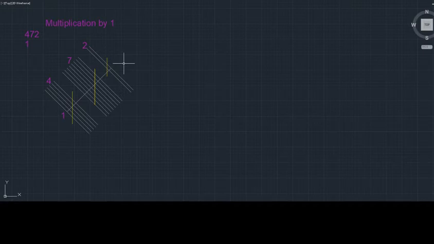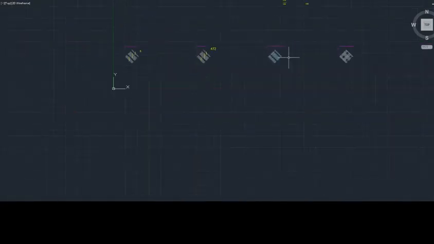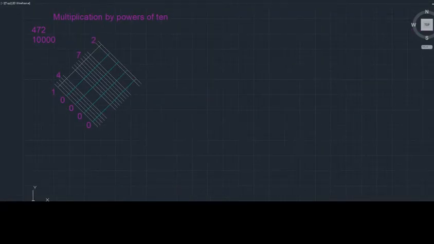So if we were to put our results together, we get 472, illustrating that anything multiplied by 1 is again the initial number once more. So here the squiggly lines will come in handy with multiplication by powers of 10.